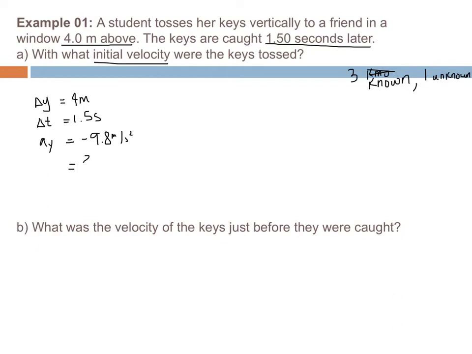And what we're trying to solve for is our initial velocity. So, the only equation that has all 4 pieces is our first kinematic equation, which is delta y is equal to v naught t plus 1/2 a t squared. Again, you can specify this is acceleration in the y direction, or you could have just called this g to begin with.